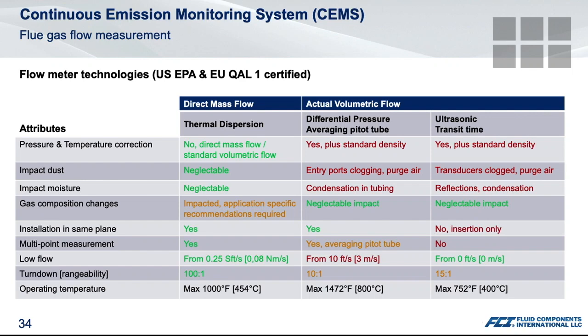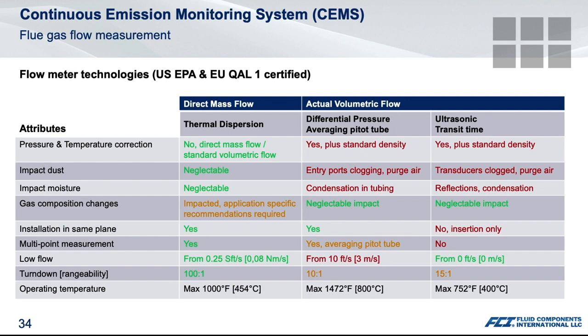The ultrasonic flow meters can have reflections depending on the moisture levels, with the droplets causing reflections and condensation onto the transducers, which both have an impact on the accuracy and reliability. And with dust getting into the pitot tube, it may even cause no possibility of measurement anymore.